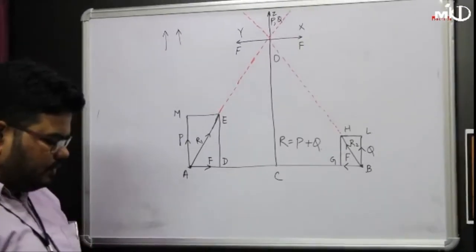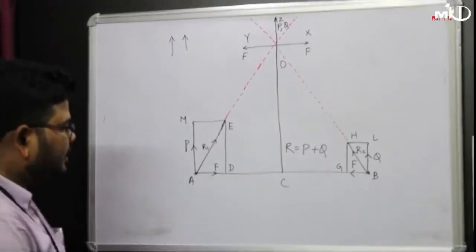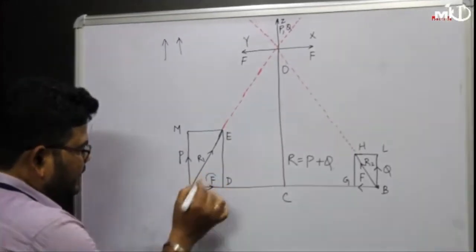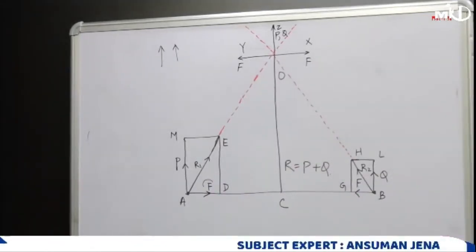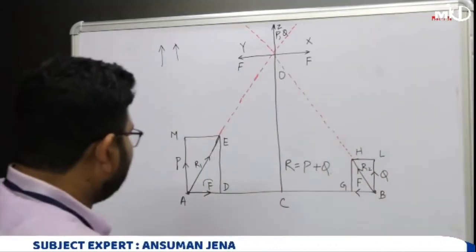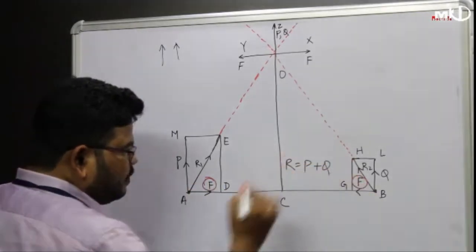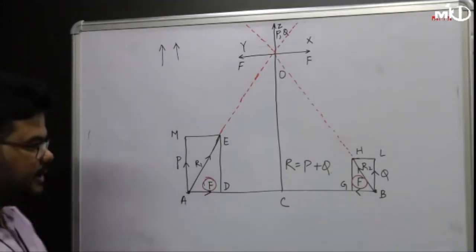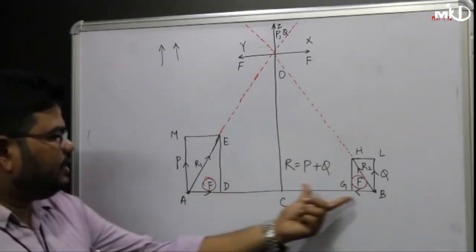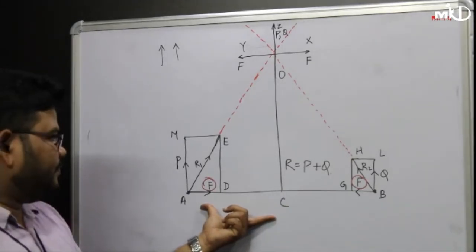So what I have done here, I have taken two equal forces F and F, which are acting in the line AB, such that these two values F and F cancel out each other.